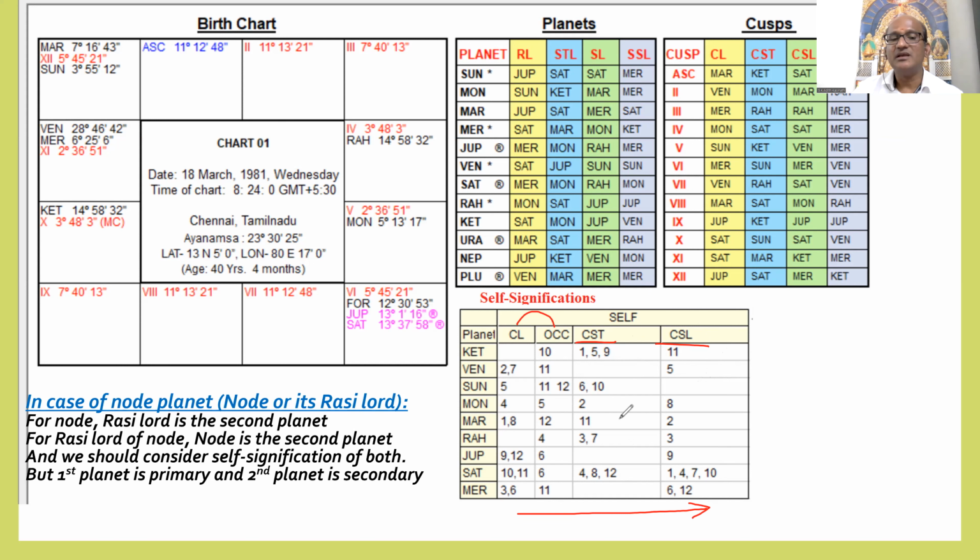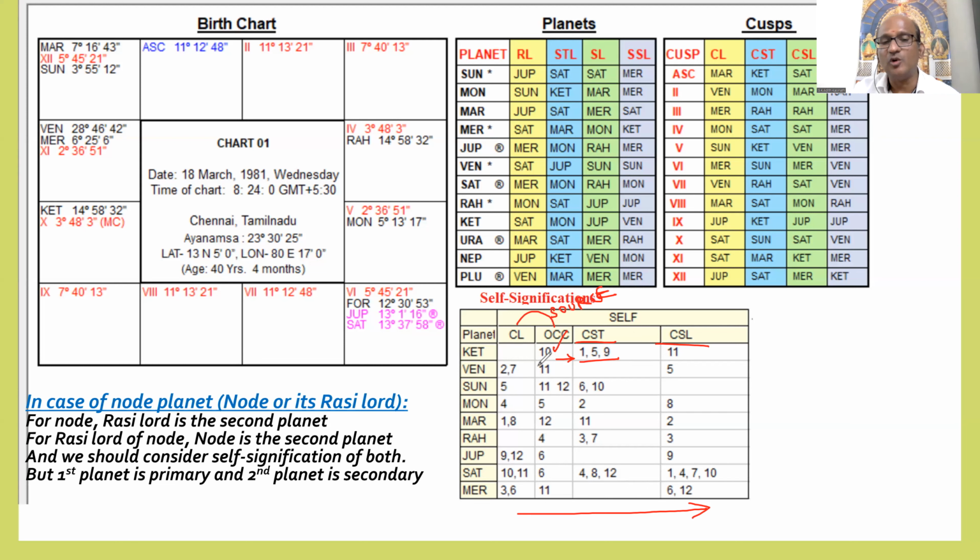It means Ketu occupying 10th house is supportive for 10th house matters. But if you go further, that Ketu is cuspal star lord for 1, 5, and 9. It means this is the source. Source means our cuspal lordship and occupying house is the source.